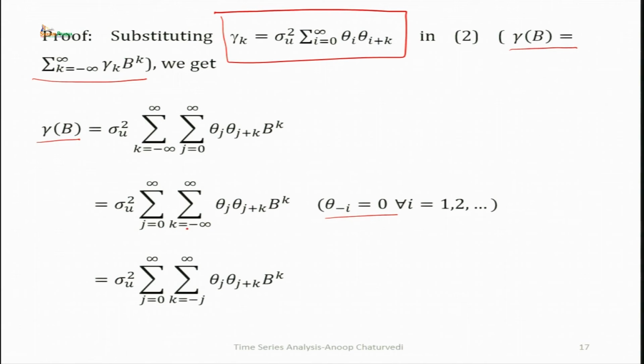Since theta_{-i} is equal to 0 for i equal to 1 and so on, you start from the value of k equal to minus j, because for values of k less than minus j, this term is equal to 0, meaning for j plus k less than 0.